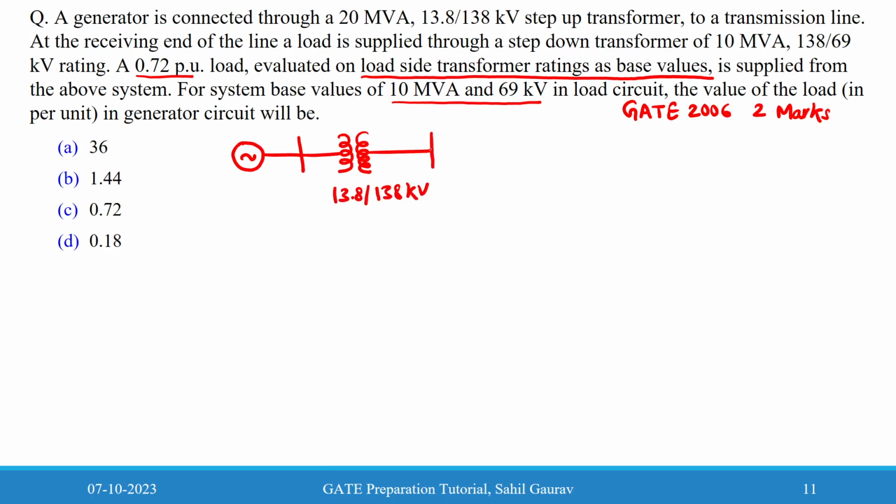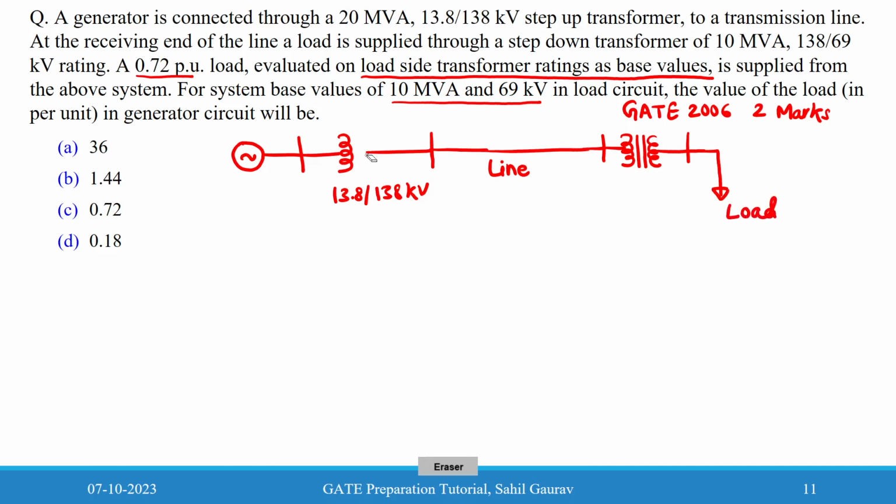Now this line is connected to another transformer, the load transformer, and this is the load.